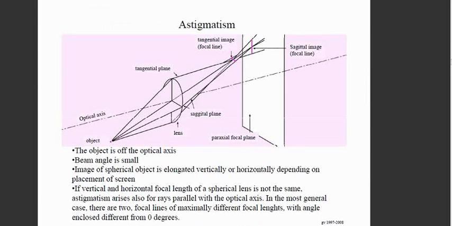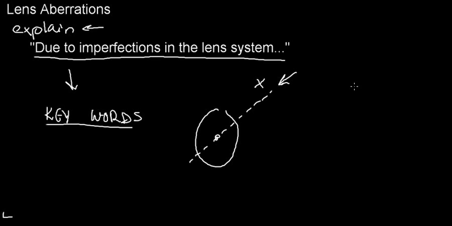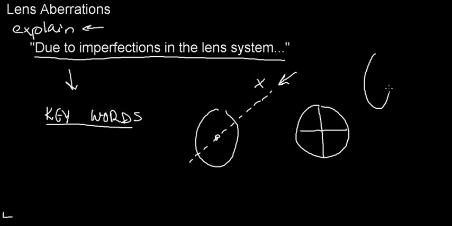Moving on to astigmatism. Again, when you look at this, it seems a little bit daunting, but actually it isn't. First of all, a key phrase here is that the object is also off the optical axis. Now if you look at this, I'm just going to draw this. What happens here is instead of having a fully spherical lens that has the same vertical and horizontal curvatures, I have somewhat of an ellipse where this curvature is not the same as this curvature.